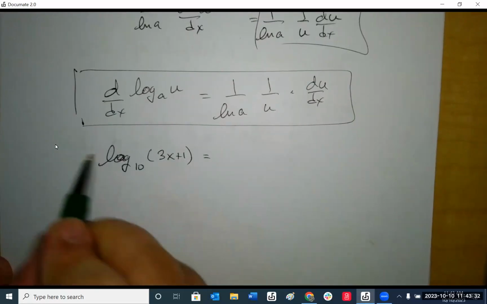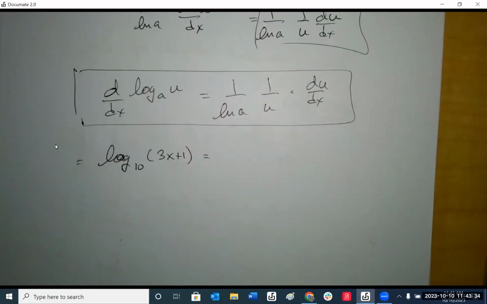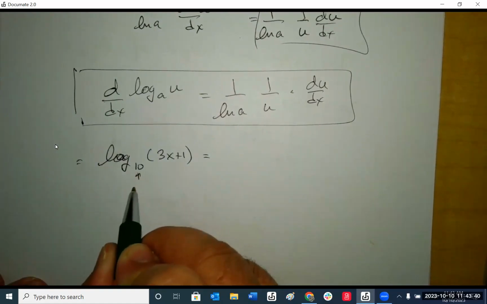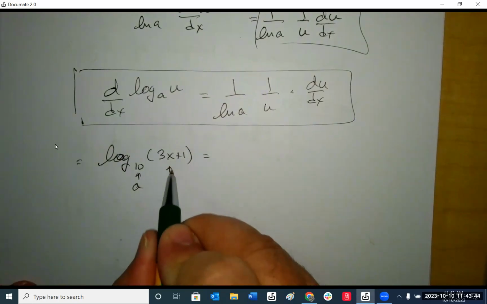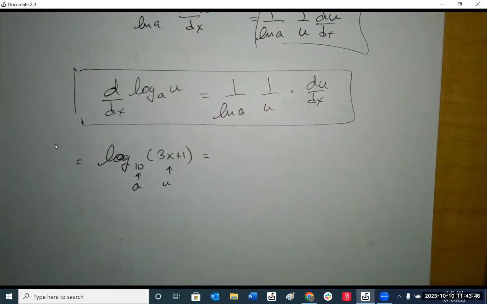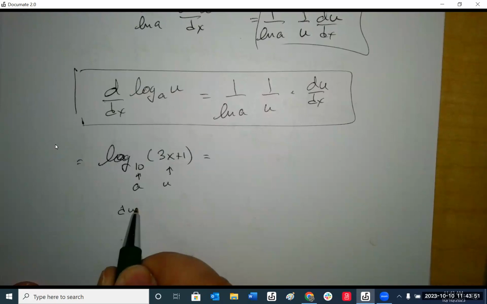So in our example, I just gave you, let's label these things. This is a, this is u. So what is du?